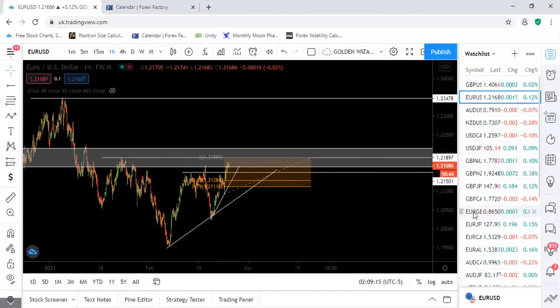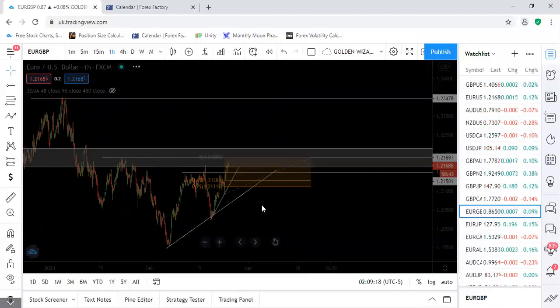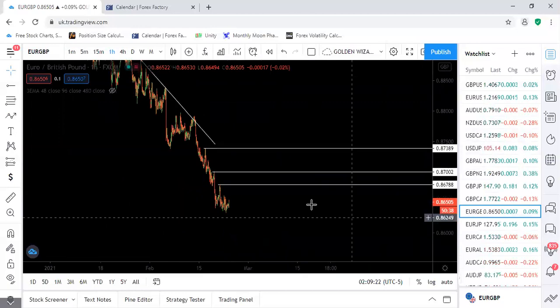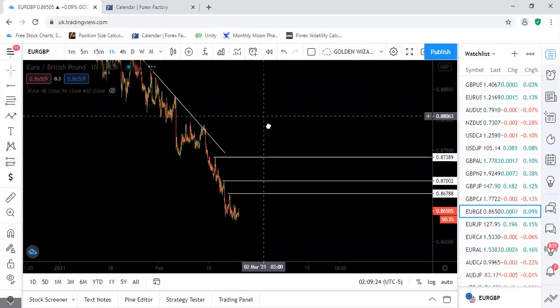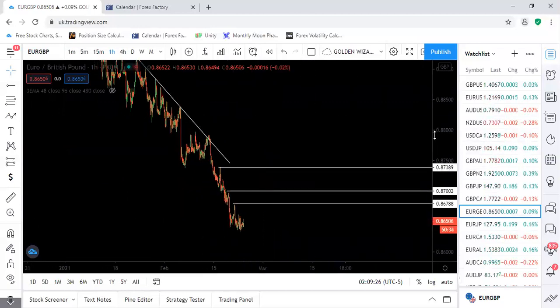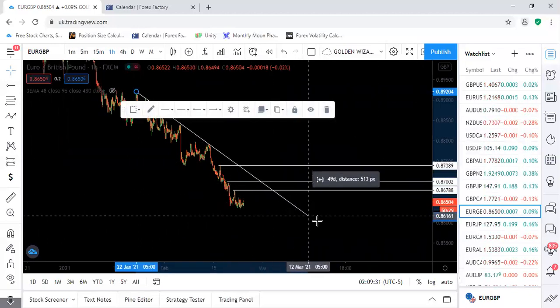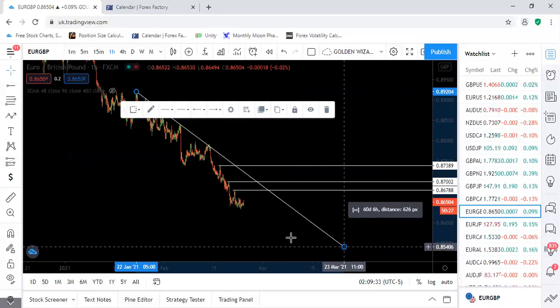Let's take a look at another Euro pair. Euro GBP. I just took a look at this in my previous video with GBP pairs. Basically, I'm going to make this just a quick analysis on this 1 hour chart. I'm seeing this trend line, so I'll extend that.